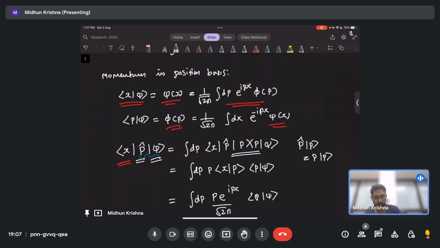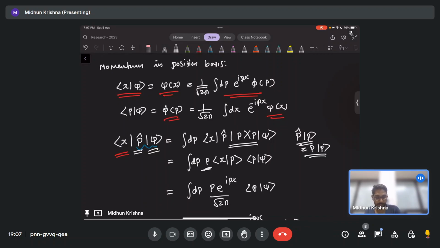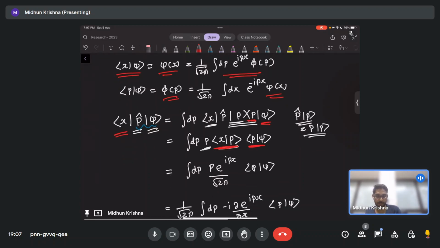When this p operator acts on this eigenstate p, it just pulls out the eigenvalue p and gives me the state back. So this inner product with this will give me this, and this inner product with this will give me this. These are complex numbers now. We know this is nothing but e to the power ipx by root 2 pi, so I can substitute that.